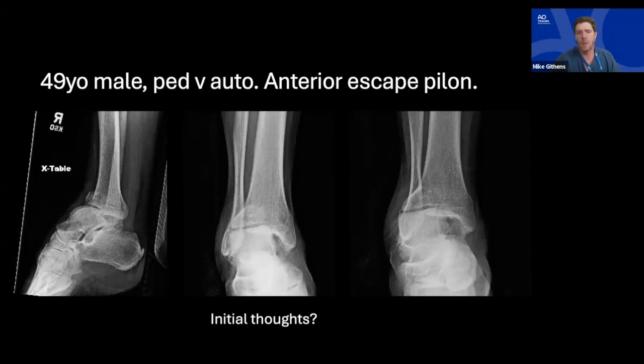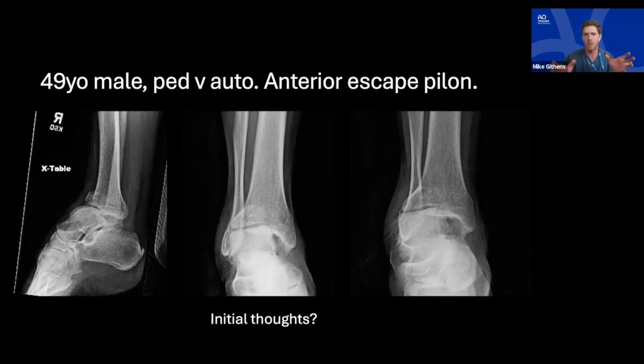Yeah, that's awesome. So to me, when I look at this, my stomach turns more when I see a Pilon like this as compared to one where you have the typical 3 fragments plus central impaction and maybe metaphyseal and even diaphyseal comminution, because all of that energy went through a very small focus. And as both you and Clay mentioned, when these things try to fail, they try to fail in the same direction.